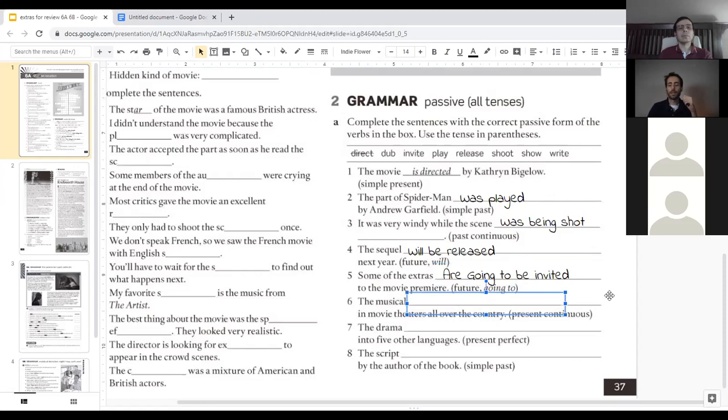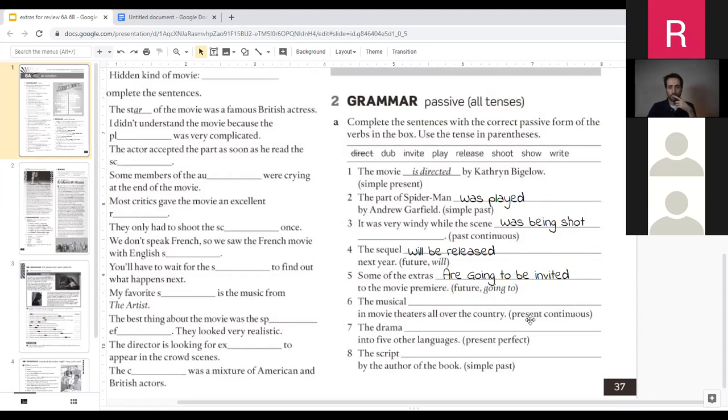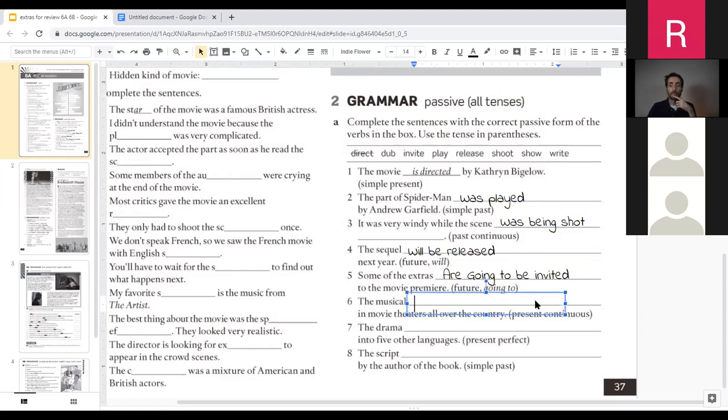For number 6, what do you think, Ruth? The musical... I think it's "show," but I don't know how to, because it said present continuous. Well, remember, the present continuous part affects only "be." All of the verbs in the list you are supposed to use in the participle form.